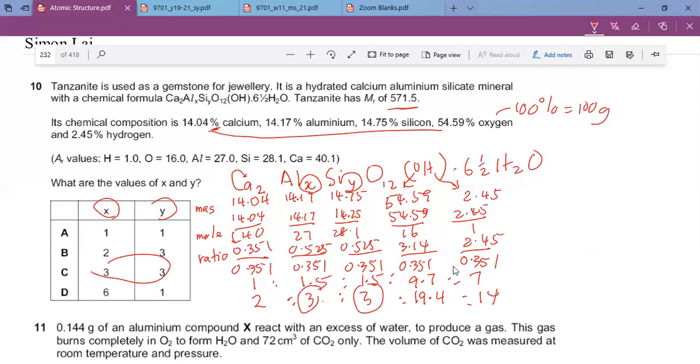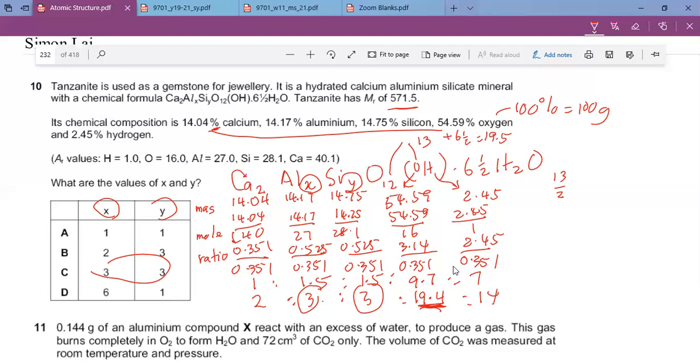Actually, you can calculate it out, for example, there are 19 here. See, oxygen is 12, plus 1 is 13, plus 6.5 is 19.5, isn't it?